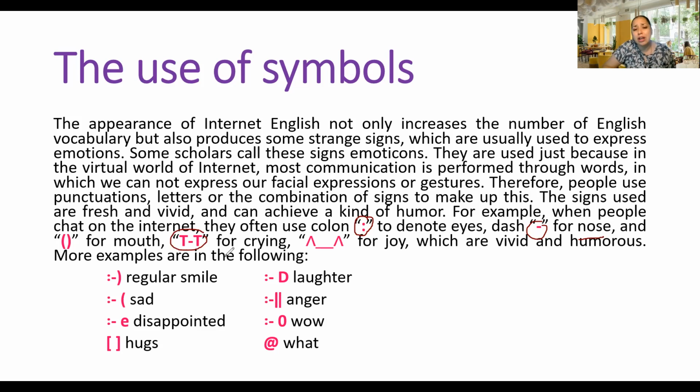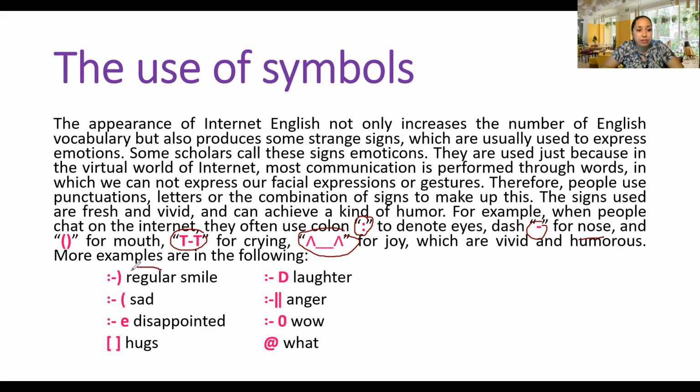I've seen that one still used for crying, and also this sign for joy, very happy, where your eyes kind of close when you smile too much. It doesn't work for me because I have big eyes, but for so many people it works like that. So for joy, they are very vivid and humorous.